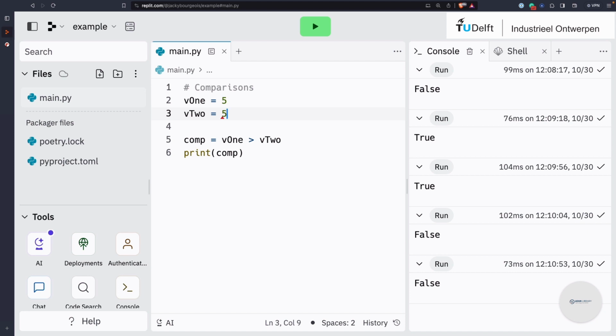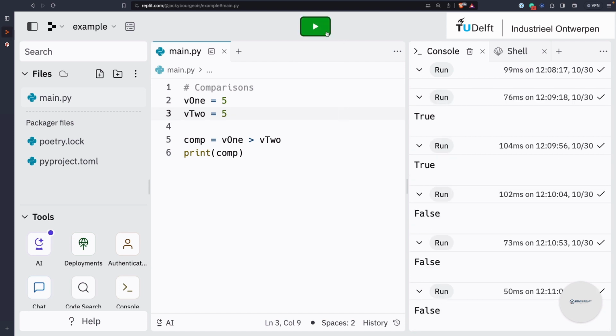However, if I put 5 here, we get false. But if I put equal, we get true. Often the distinction between less than and less than or equal doesn't matter, but sometimes it does, so make sure you use the right one.